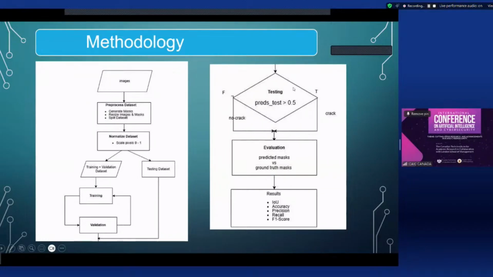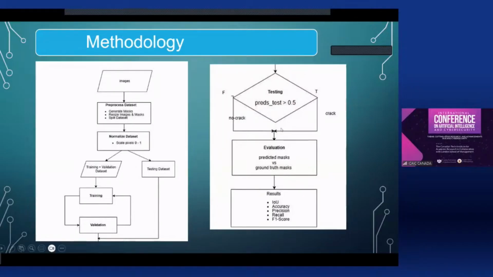from validation to testing. In testing, we are testing the output, the prediction map. Every value in the prediction array is being checked against this condition. The output from here is normally a probabilistic value, which can be from 0 to 1.